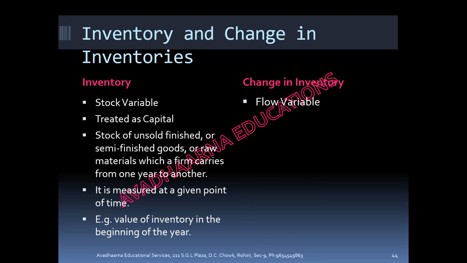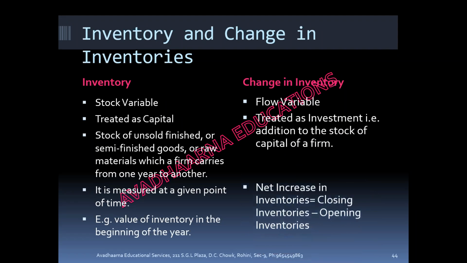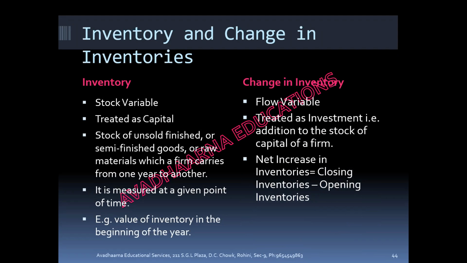Change in inventory, it's a flow concept because it's a change in inventory. It is not going to be a static concept. It's a flow variable. It is treated as investment, that is addition to the stock of capital of a firm. So net increase in inventory is given by closing inventory minus opening inventory.